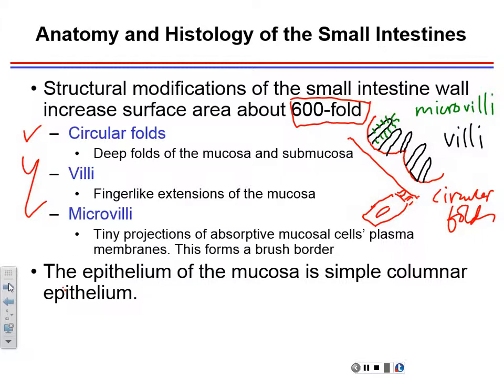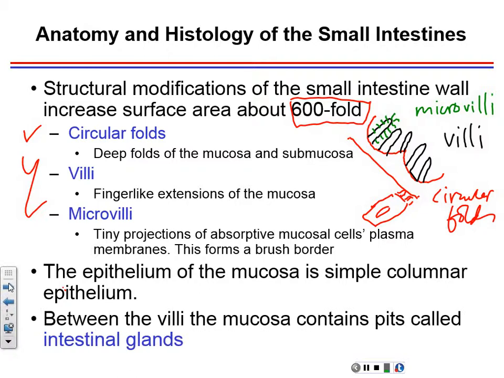So it's columnar epithelium, those are the cells. And then between the villi, it has these crypts or indentations, where you have intestinal glands, or little pits.